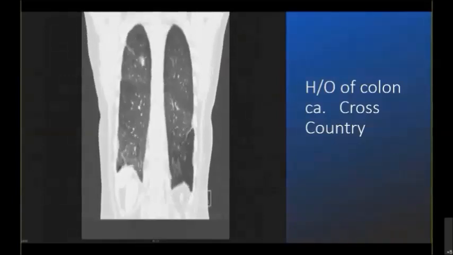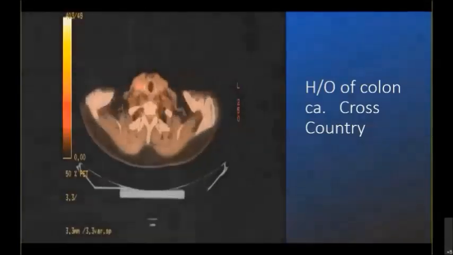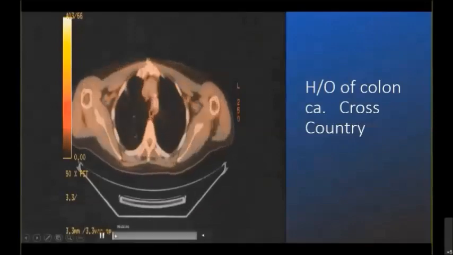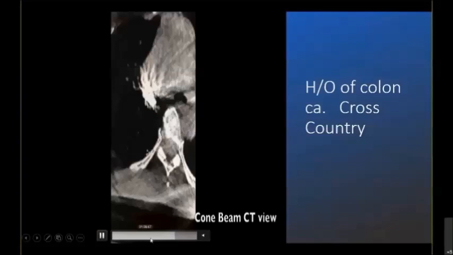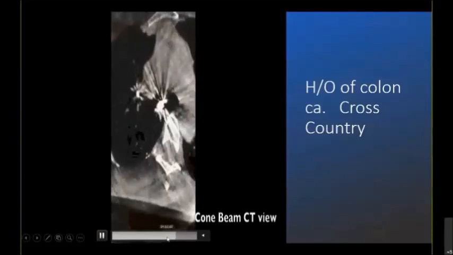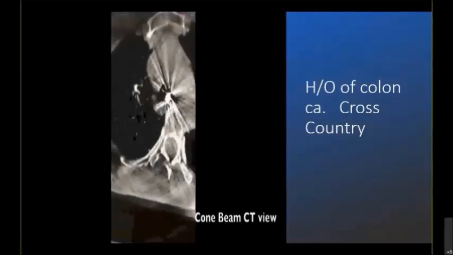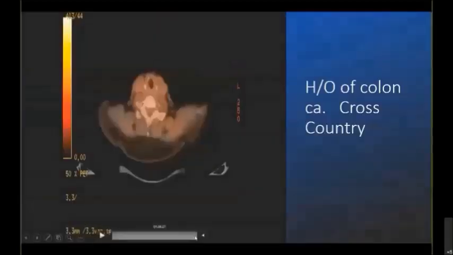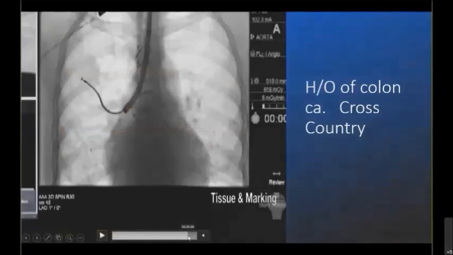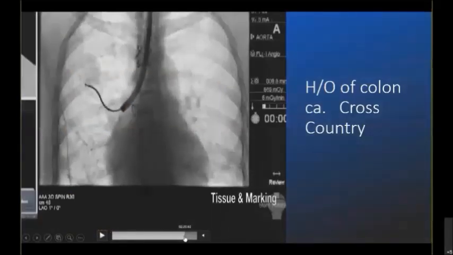You can fast forward it a little bit if you want there. Save room for questions. Oh, if it doesn't work, that's okay. Yeah, see if you can click it a little bit. Yeah, so we did a cone beam on this. Go back just a little bit more. Sorry. That's okay. That's just us biopsying after we did the cross-country.